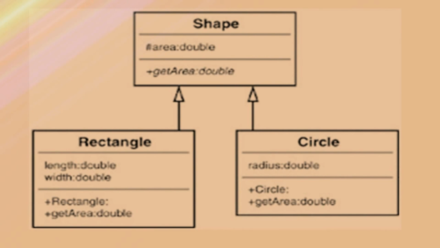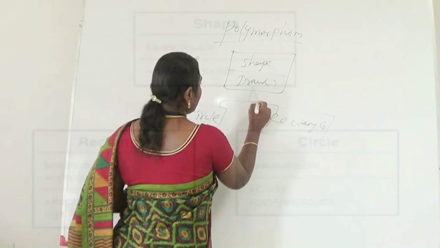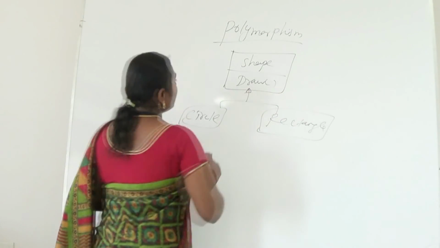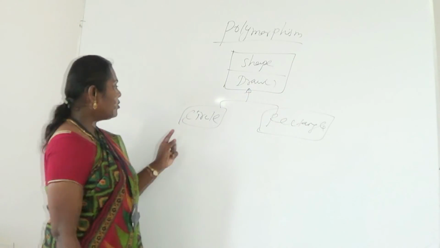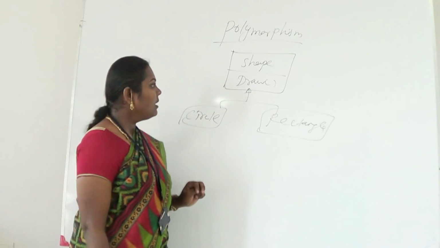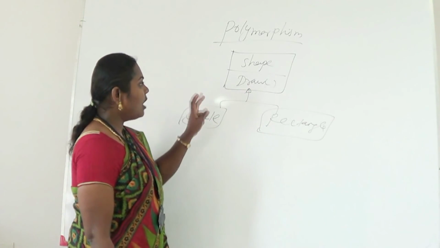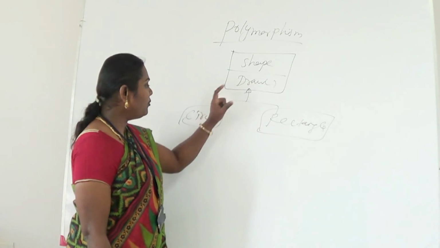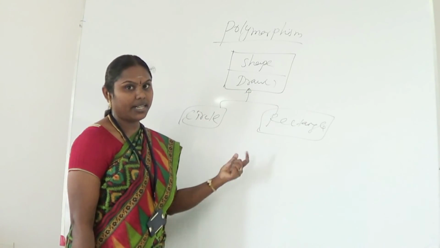Shape class uses a draw function or draw method and has the subclasses circle and rectangle. So here we have two subclasses, circle and rectangle, and we use only the common function draw. So this is common for the two classes, circle and rectangle.